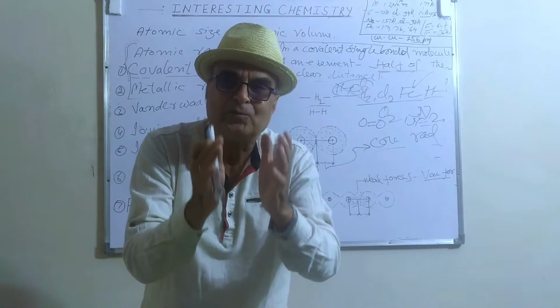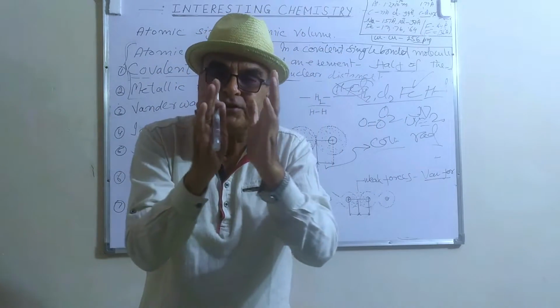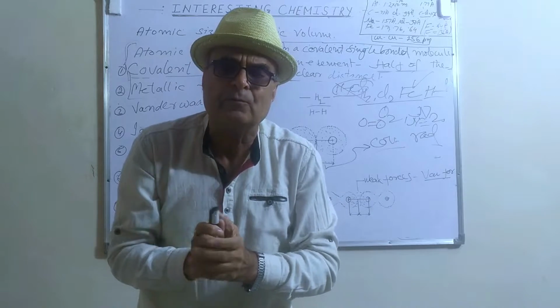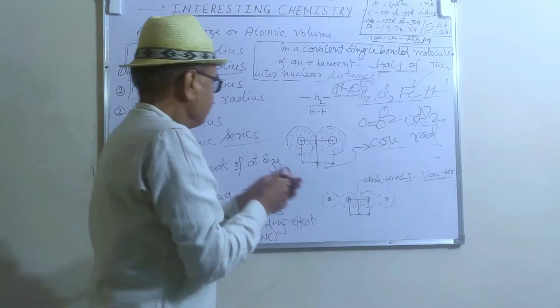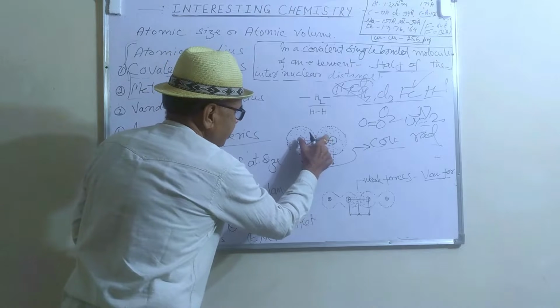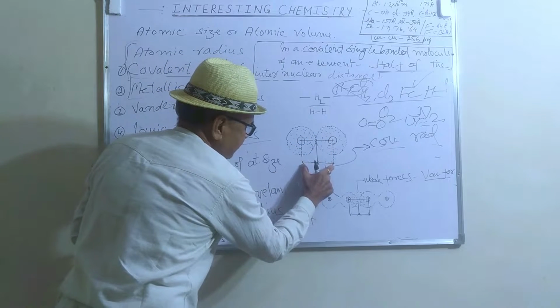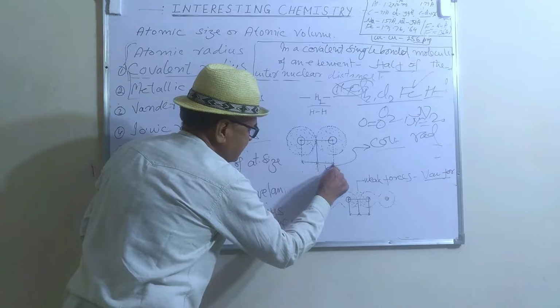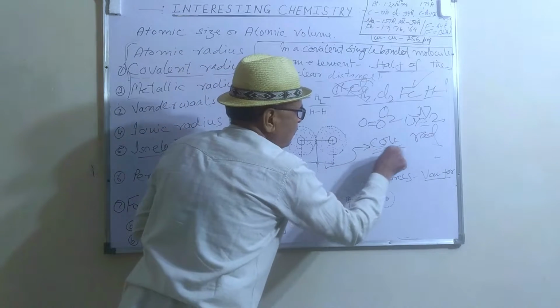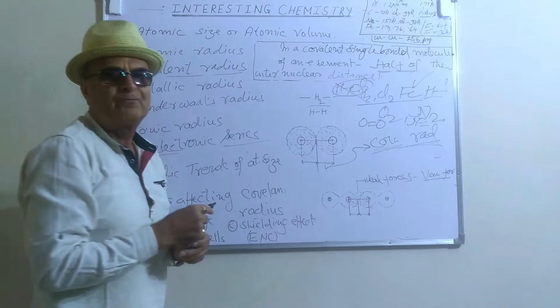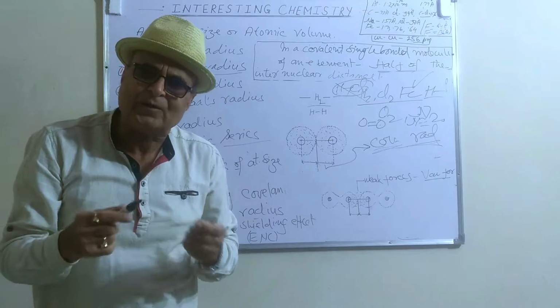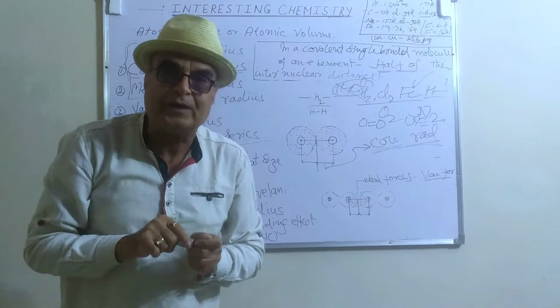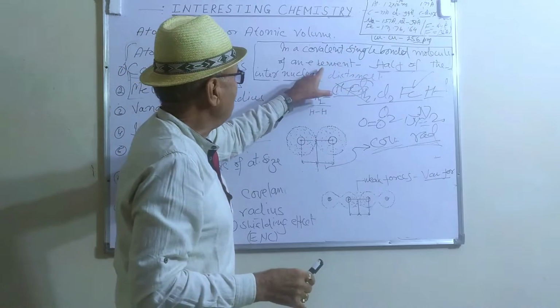Half of the internuclear distance is called the covalent radius. I think you have understood what is meant by covalent, because I have taken the covalent bond.